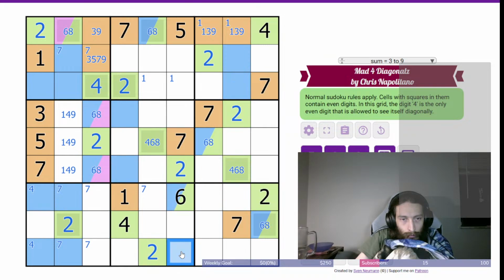Column 1 in box 9. I was going to say a 4 purple pair, but it's not. But purple does have to go over there.